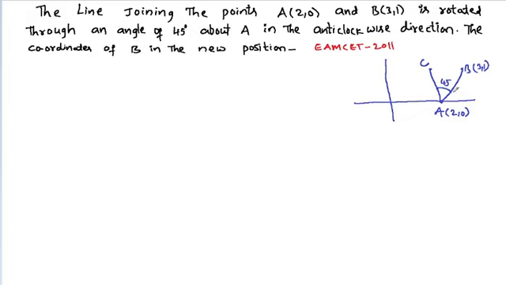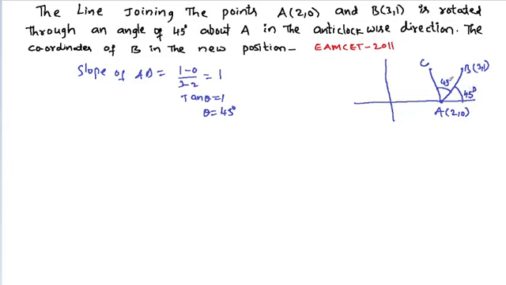The line AB. So now find the slope of AB. Slope of AB is equal to 1 minus 0 by 3 minus 2, that is equal to 1 by 1 is equal to 1. That means tan theta is equal to 1. Therefore theta is equal to 45 degrees. That means this line is making an angle 45 degrees with the x-axis.